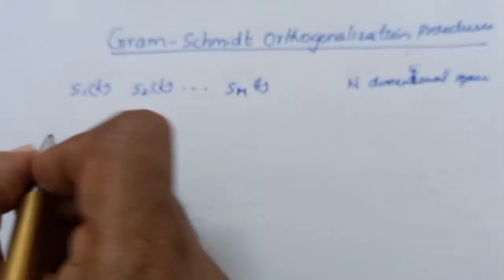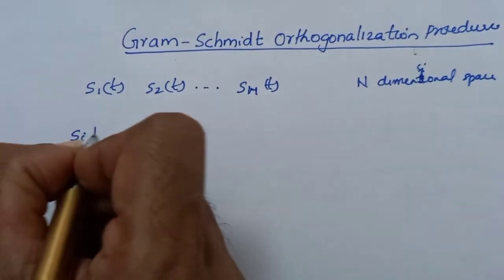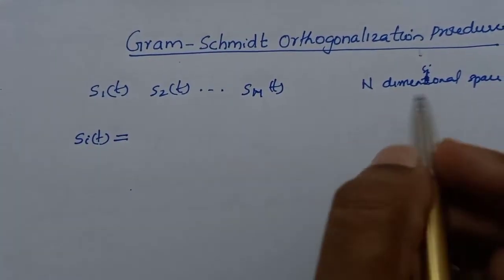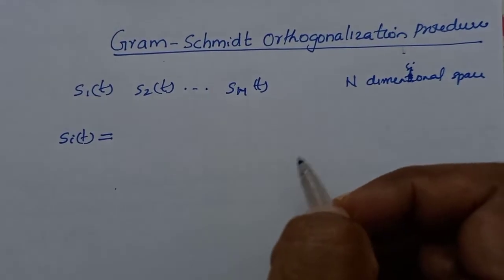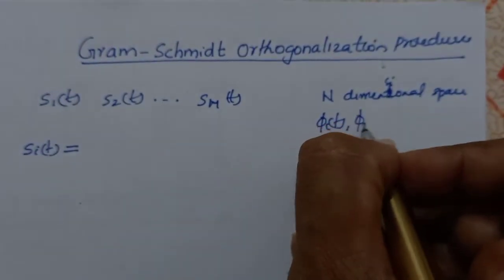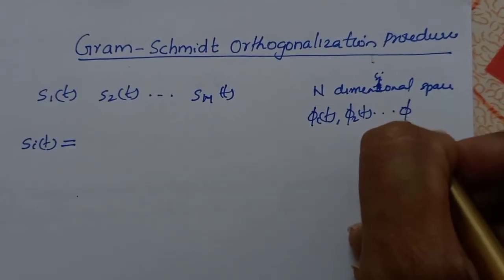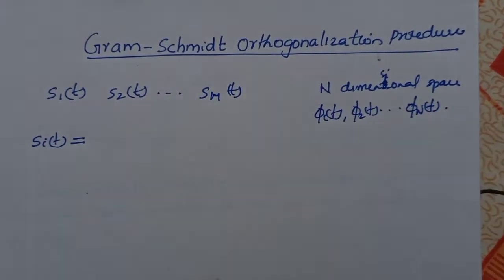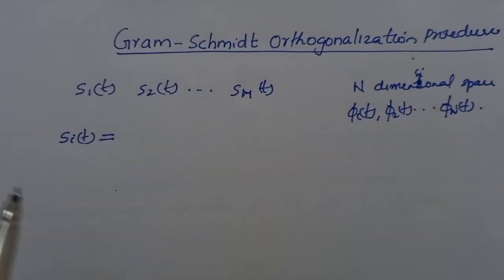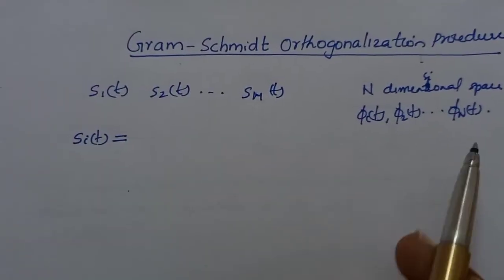As a result, any signal, say Si(t), can be written as a linear combination of n orthonormal basis functions. Let phi1(t), phi2(t), etc., phi-n(t) be the n orthonormal basis functions. Then any signal can be written as a linear combination of these.